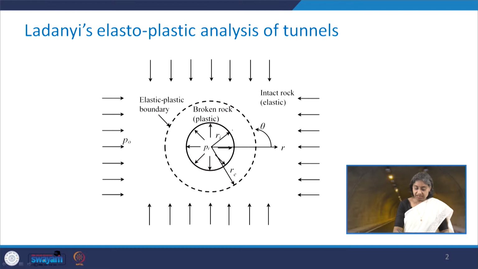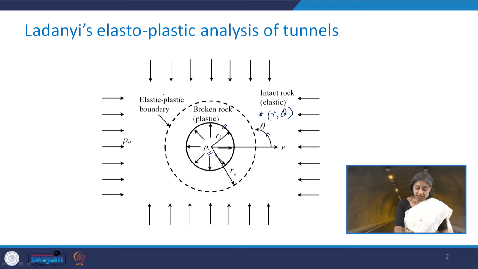Just to give you an idea what this analysis was all about: we had a circular opening with radius Ri, subjected to internal support pressure Pi. Any point in the rock mass was designated by r, theta, where theta was the angle measured anti-clockwise from the horizontal axis.